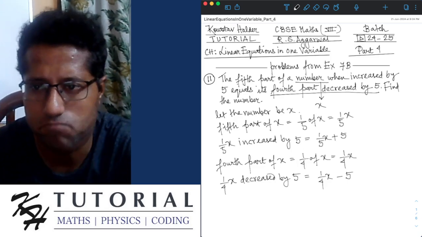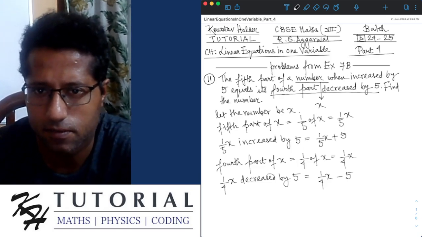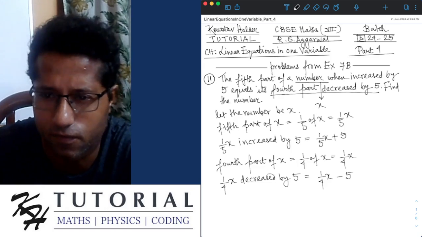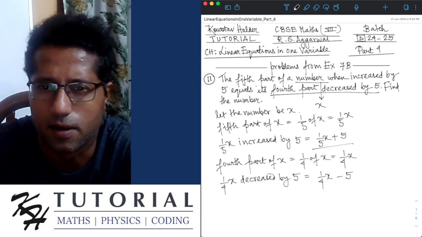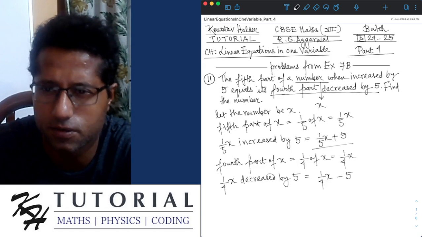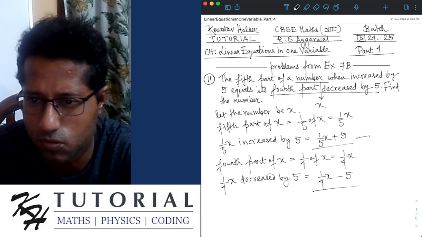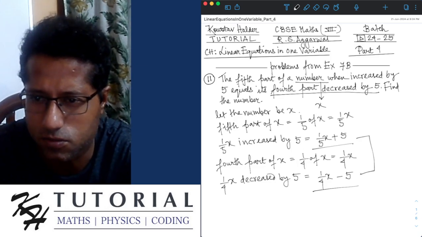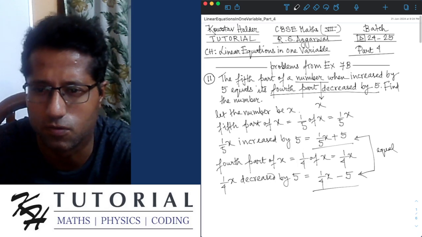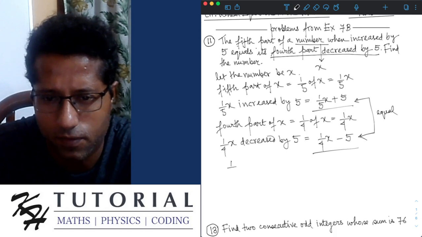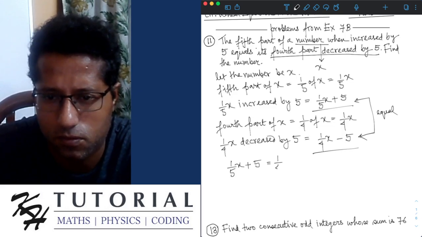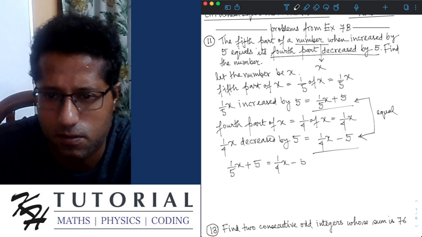So now it is saying that fifth part of a number when increased by 5, the algebraic expression for that is this, and fourth part of the number decreased by 5 is this. So these two are equal. These two are equal. So we can say that 1/5 of x plus 5 equals 1/4 of x minus 5.